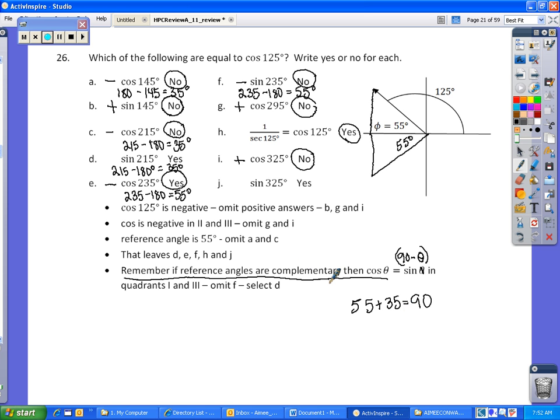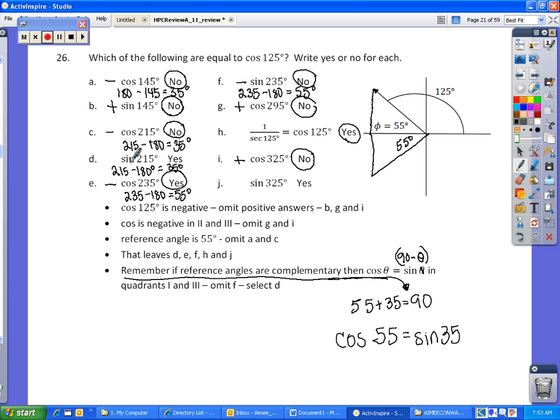Complements are angles that add up to 90 degrees. Now, the cosine of 55 is the same as the sine of 35. So, since 55 and 35 are complements, I know that cosine of 55 is the same as the sine of 35, which is the complement of 55.